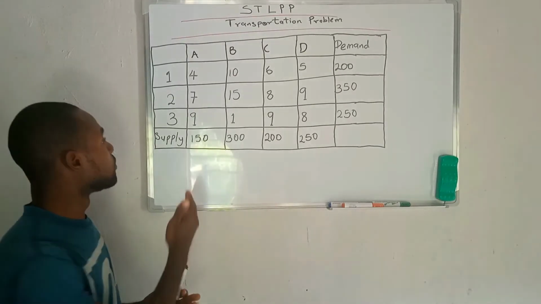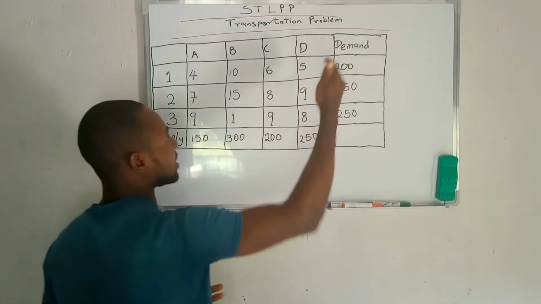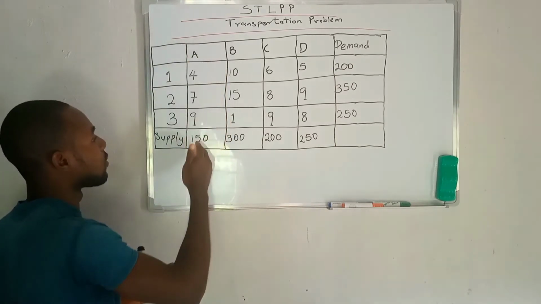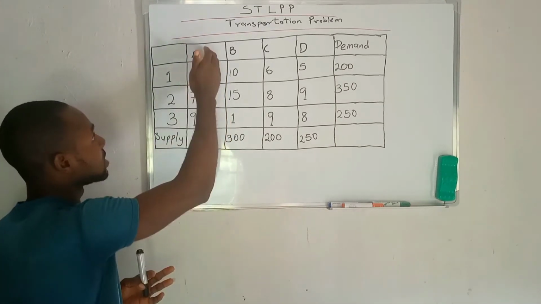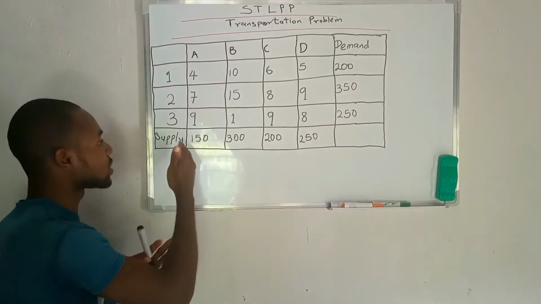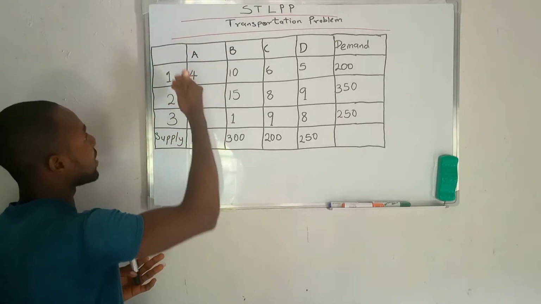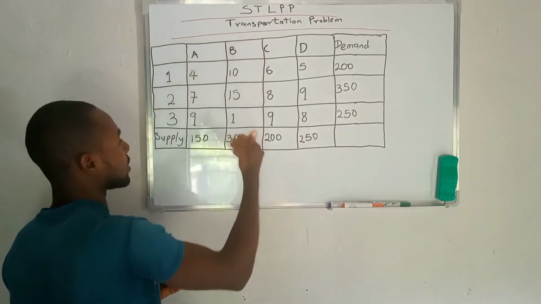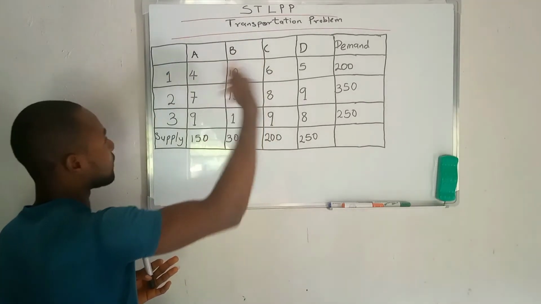So we wrote supply here and demand here, showing that this production unit has 150 goods to supply to any of these stores, and this one can supply 300 goods to any of these stores.